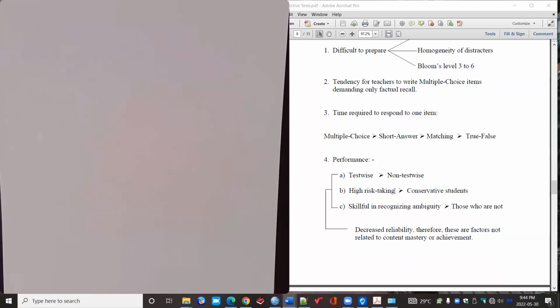So examinees who take high risks perform better than conservative students who are unwilling to guess, even under penalty, say you will be penalized if you guess.